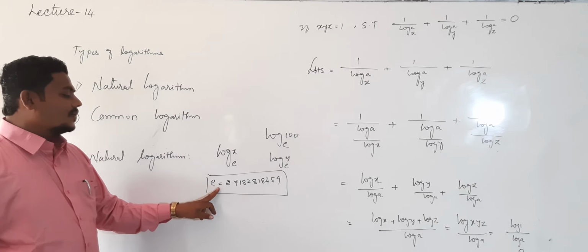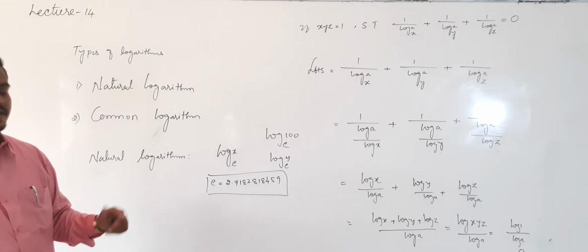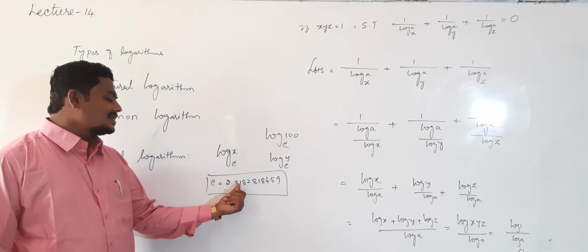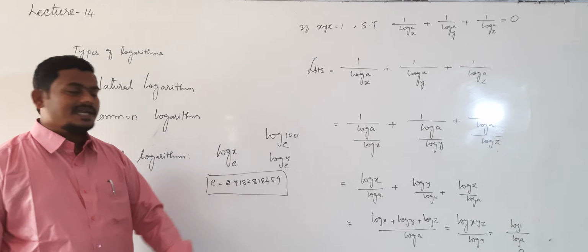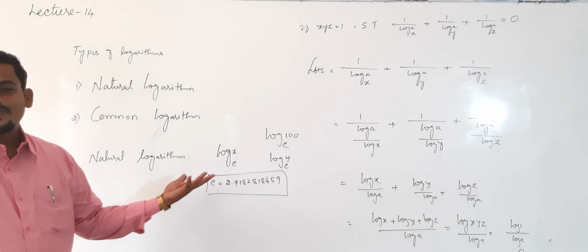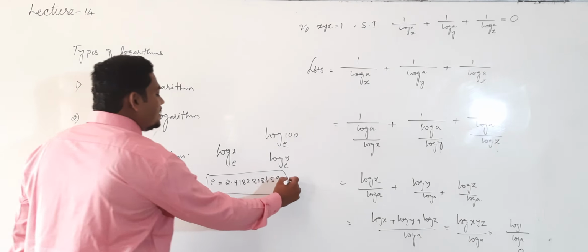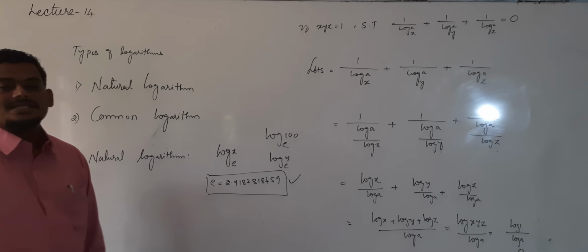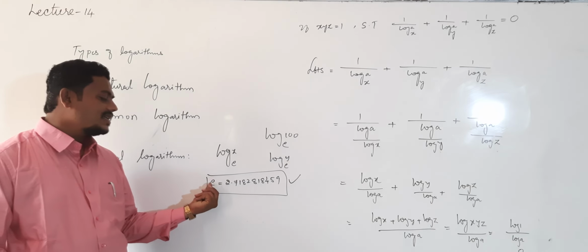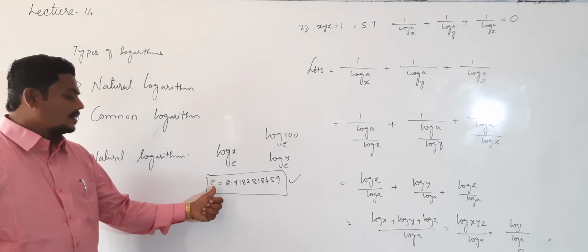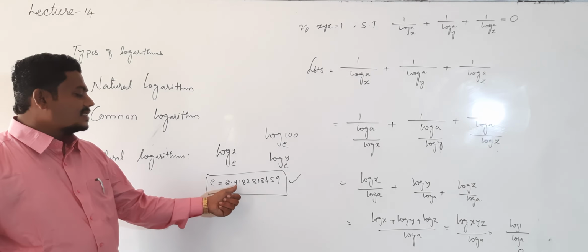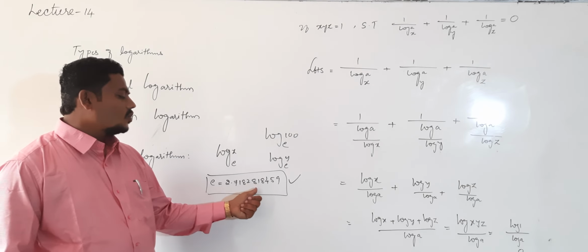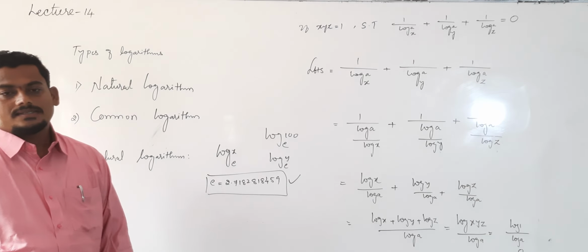And e value, it is one of the standard constants, 2.7182818459 approximately. This is the Euler constant, or simply a constant. e is equal to 2.7182818459 approximately.